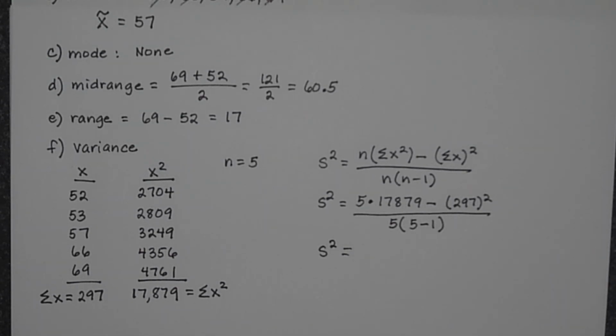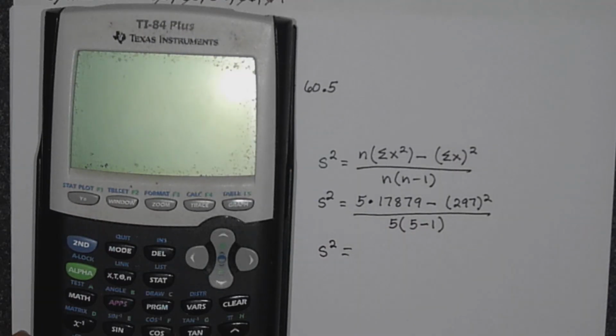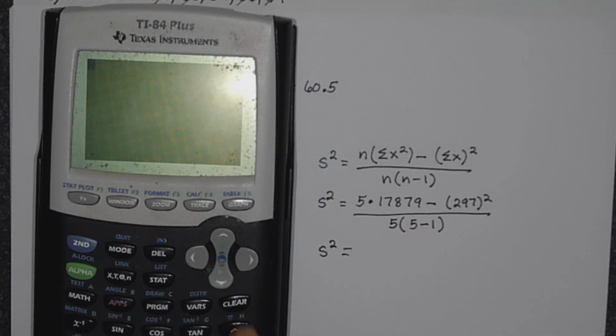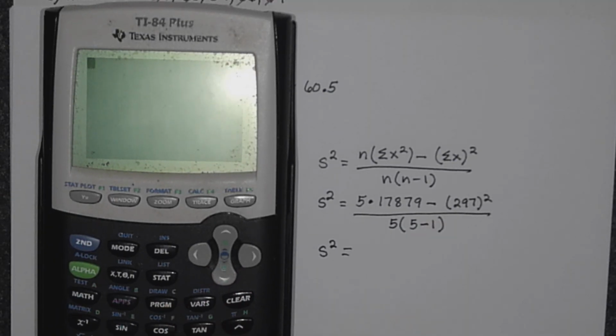So I'm going to calculate the numerator and the denominator separately. It's easier to do it separately than to try to put all that in the calculator. Let's see, 5 times 17,879 minus 297 squared.